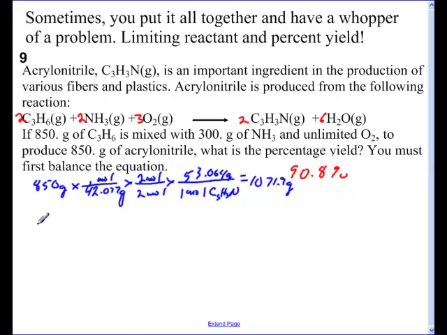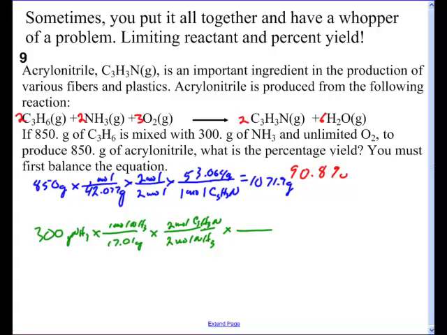Let's do the ammonia. Got 300 grams of ammonia. Okay. 1 mole of ammonia happens to weigh 17.01 grams. My mole ratio is 2 moles of ammonia to 2 moles of C3H3N.